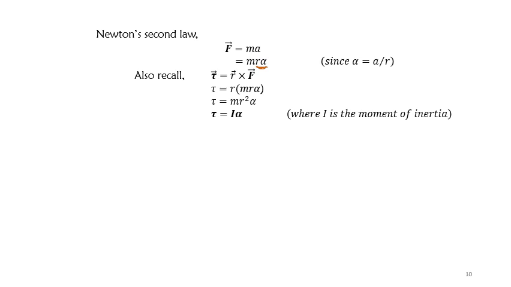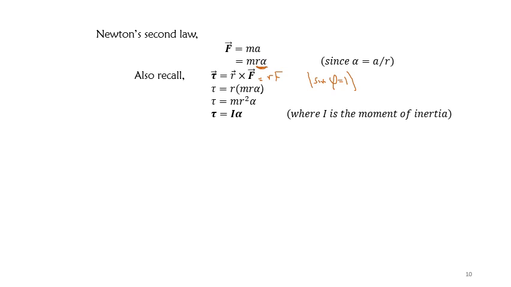Also, recall that tau, the torque, is a cross product of r and F, the radius of rotation and the force. So if you have your m r alpha, substitute it here. Because remember we said for a force perfectly perpendicular to the axis of rotation, you have rF sine phi, where sine phi is equal to 1.